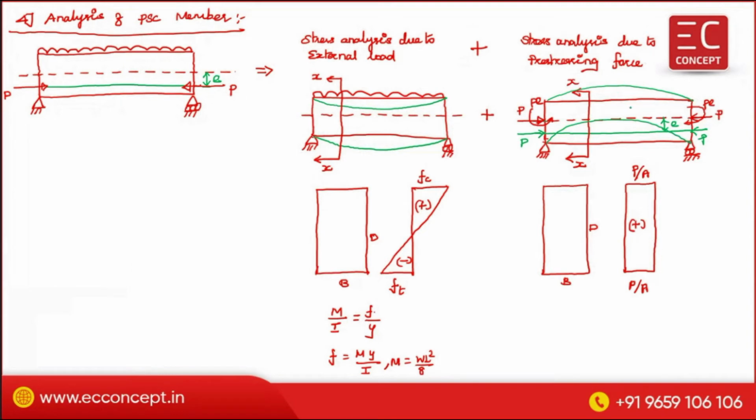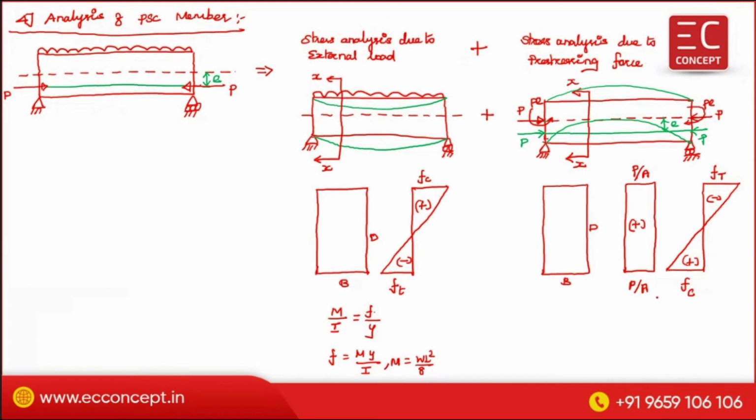Okay. Therefore now here the top is subjected to tension and bottom is subjected to compression. So this is FT, this is FC. And this is minus and this is plus.